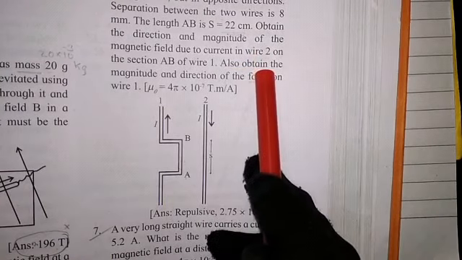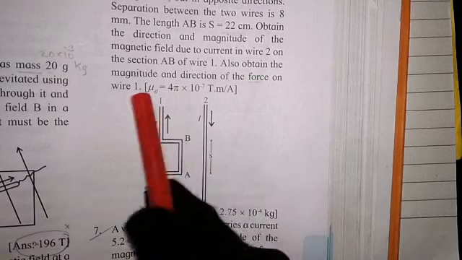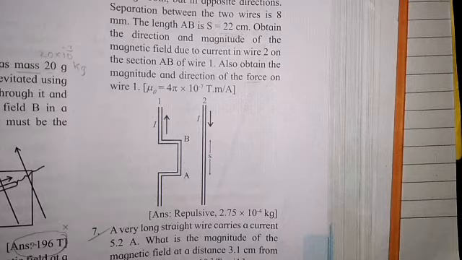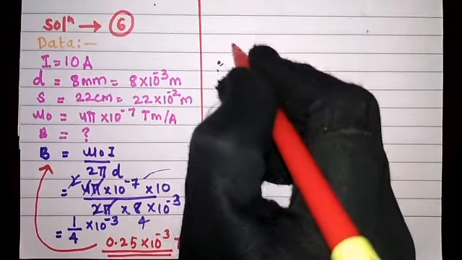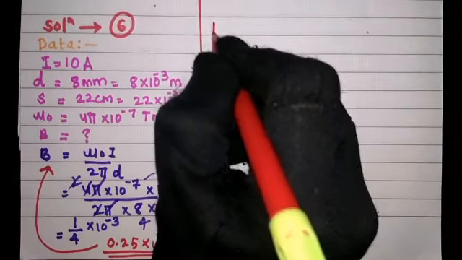Also we have to obtain the magnitude and the direction of the force on wire 1. So let's move on to the next part of this numerical. As we have done with the first part, let's move on to the second part. Now here we have to find the force.